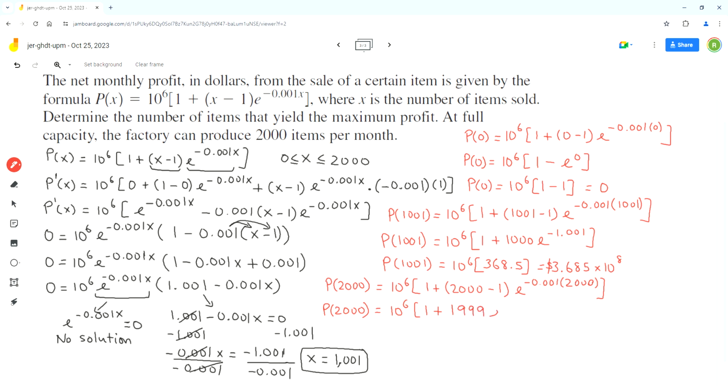And then in the exponent of e, 0.001 times 2000, which is equal to -2.